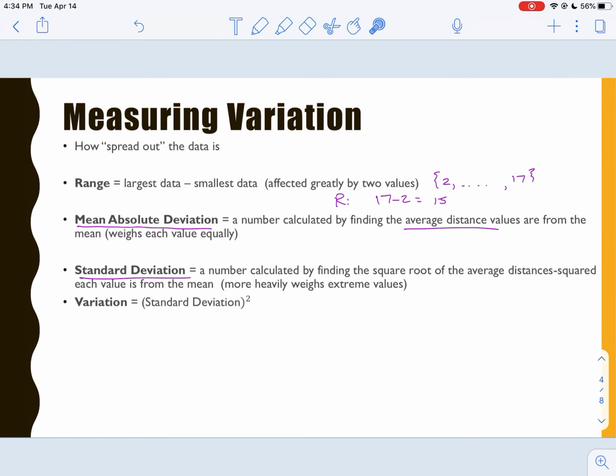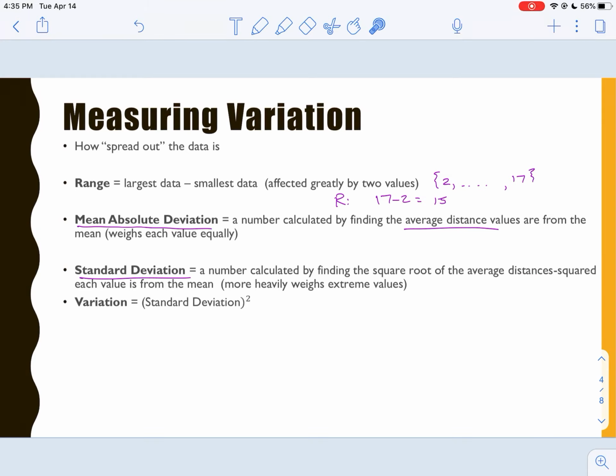Standard deviation, though, is a little bit more complicated. It more heavily weighs extreme values, and we're not going to get into that in this course, but I want you to know it exists, and it's related to mean absolute deviation. It's really finding the square root of the average of the distances squared each value is from the mean. And that's a little bit fuzzy.